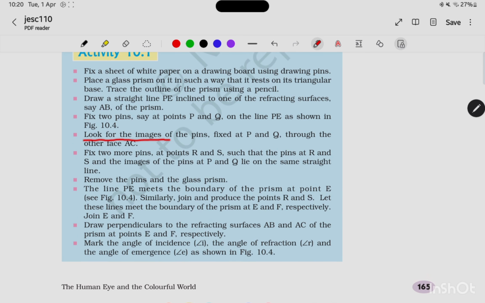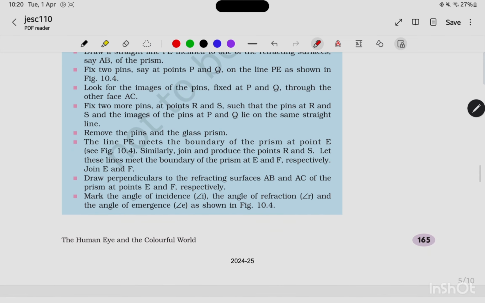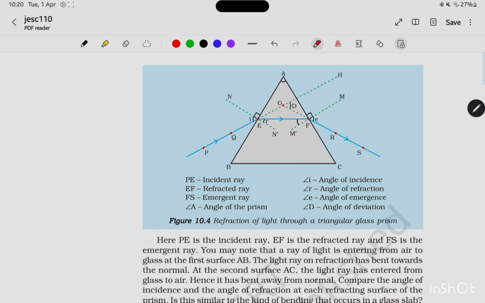Look for the image of the pins fixed at P and Q through the other face AC. Fix two more pins at the points R and S such that the pins at R and S and the image of the pins at P and Q lie on the same straight line.